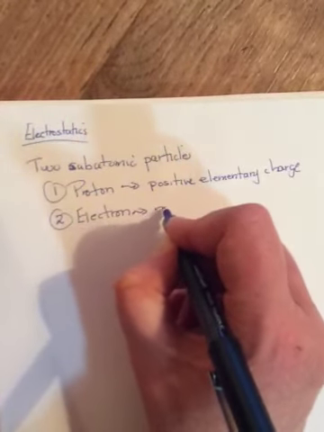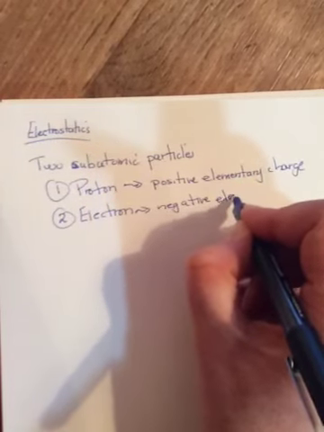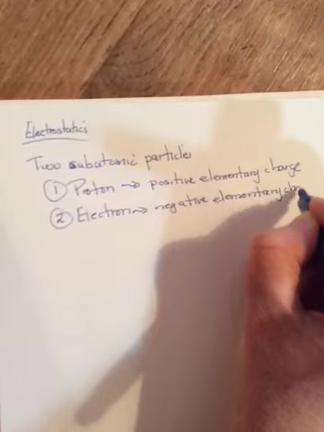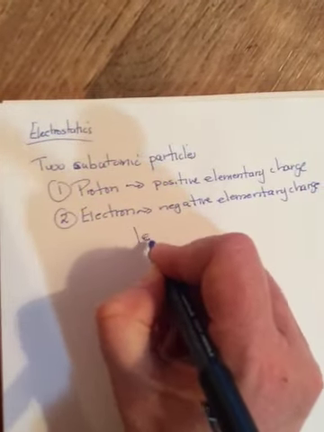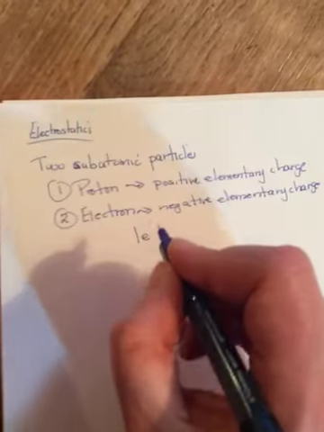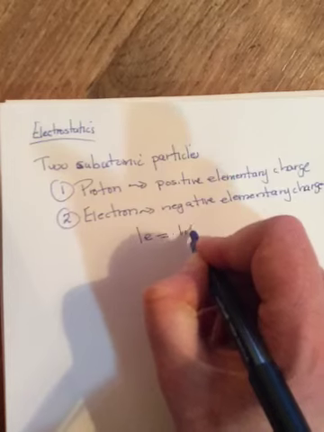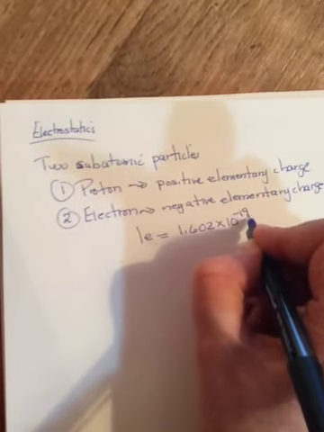Okay? And they have the same elementary charge, it's just that one's positive and one is negative. That elementary charge, you'll often see it written as 1e. The e doesn't stand for electron, it stands for elementary. 1e is equal to 1.602 times 10 to the negative 19 coulombs.